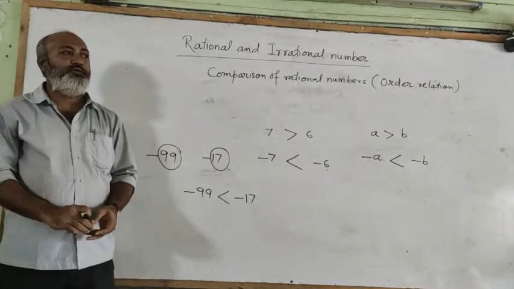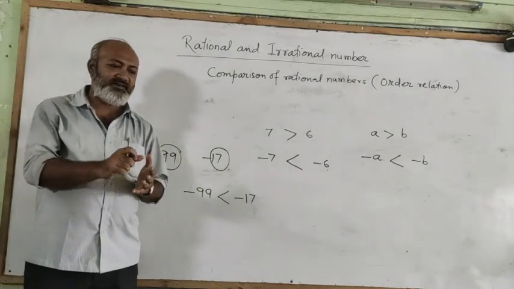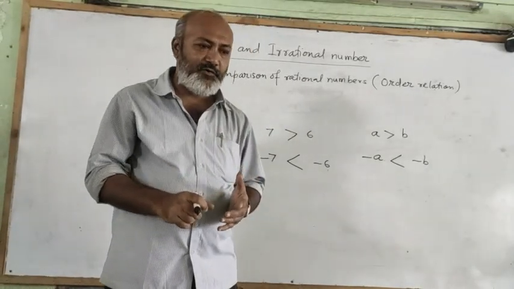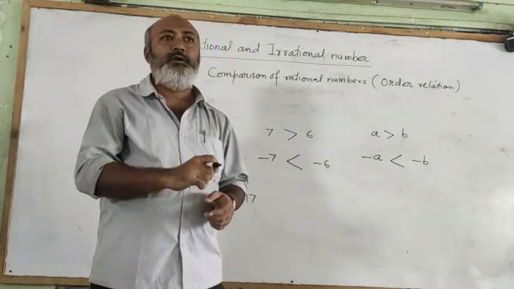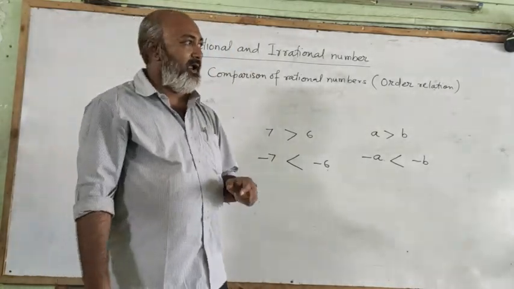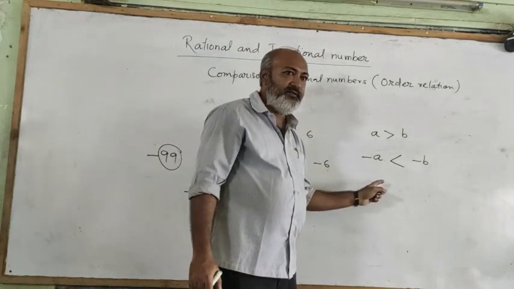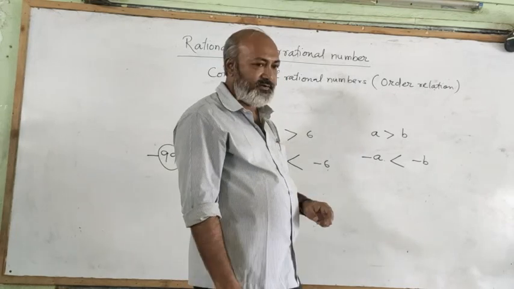Okay? So remember one thing, all negative numbers are less than 0. All positive numbers are greater than 0. 0 is neither positive nor negative. And one rule of reversing the sign: after changing its sign, go on both sides.